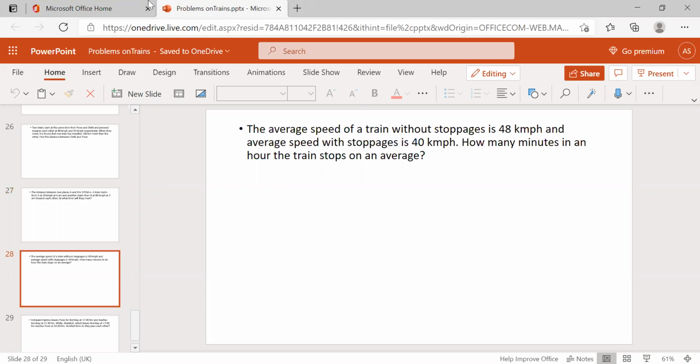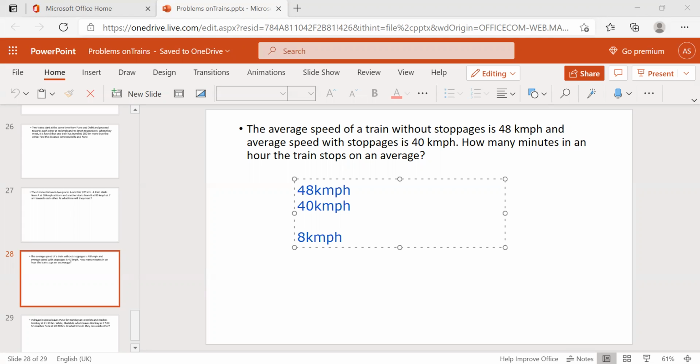So they have given the average speed of 48 kilometers per hour, and with stops 40 kilometers per hour. First of all, the difference of the speed is 8 kilometers per hour.